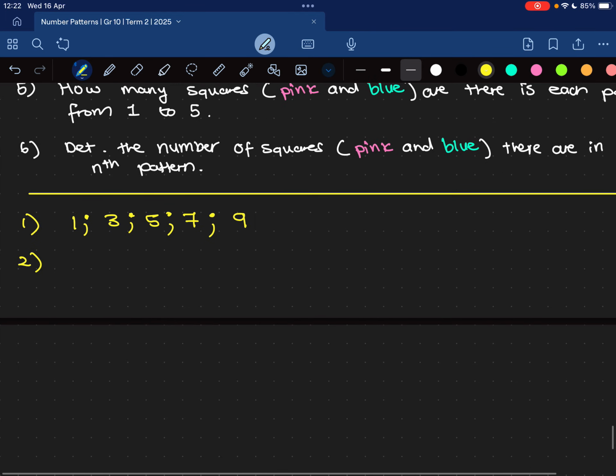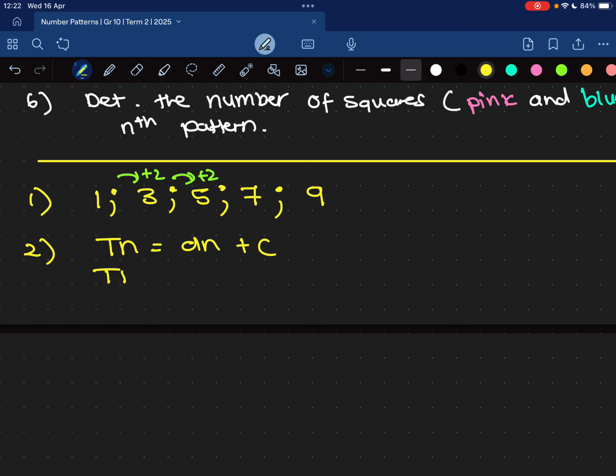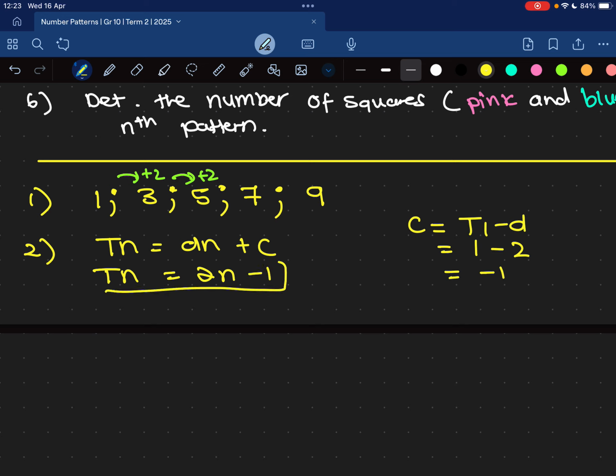We already have our terms here, so we're going to say Tn is equal to dn plus c. I'm sure you can tell that the difference is I'm just adding 2. So Tn is equal to 2n, and then I can calculate c on the side: T1 minus d, which is 1 minus 2, which is minus 1. So the final Tn is just going to be 2n minus 1. Okay, easy enough.